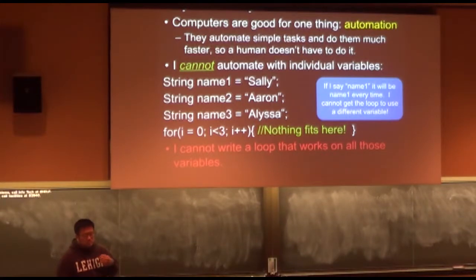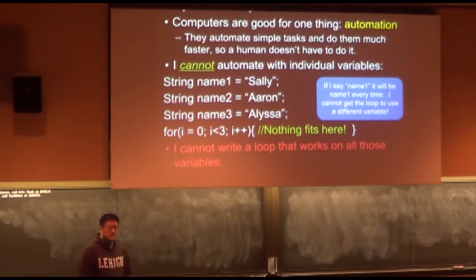When I want to do tasks that a computer can do for me, I want to have enough work for the computer to do that the computer spends real time on it, that I don't have the computer do things that took me longer to code than I could have just done myself with pen and paper or whatever I was going to do. So there's this problem when you want to refer to a lot of data, and that problem has to do with how I name that data.